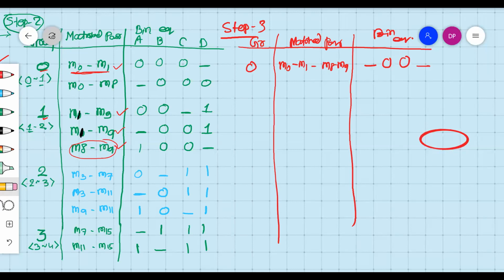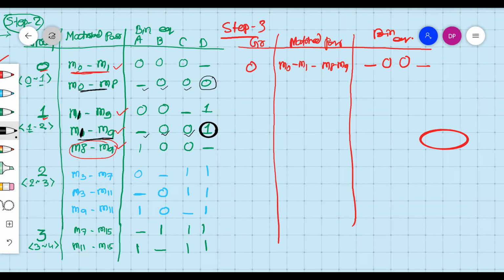Similarly, let's compare now M0 M8. M0 M8 with these three. If you compare, check if any matched pair is there. So this is underscore 0 0, underscore 0 0, right? This is changing. So these two can make a pair.